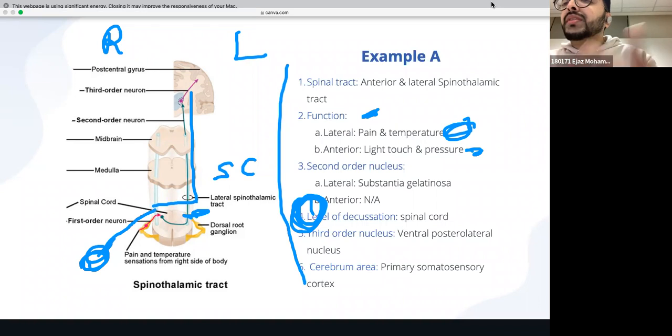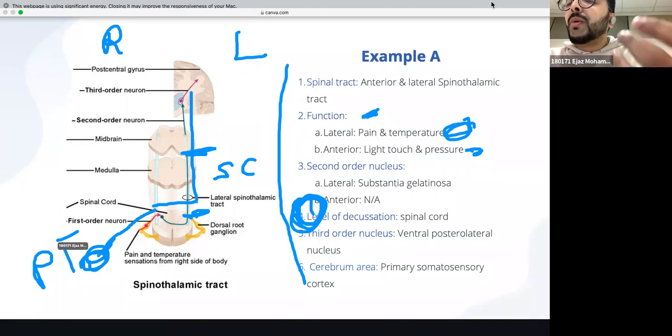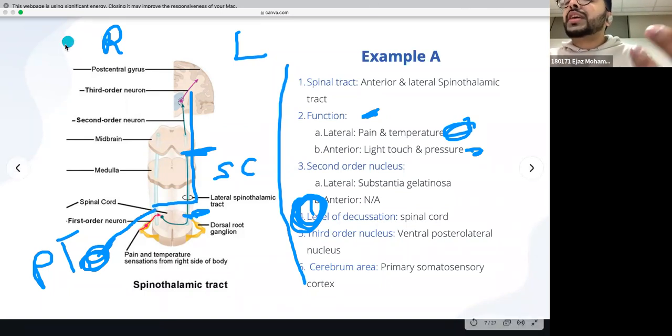Okay, so for example, he will give you a clinical scenario that there was an injury to the left side of the patient, and he couldn't feel pain and temperature on the right side. Why is that happening? And now you know, because it was damage to this part of the spinal cord. So this is basically how the clinical scenario will present.